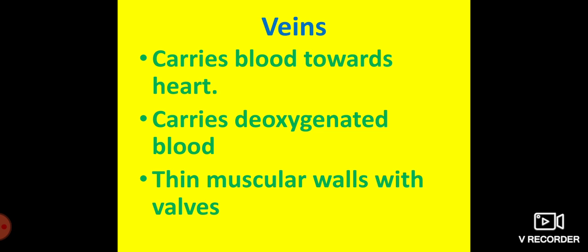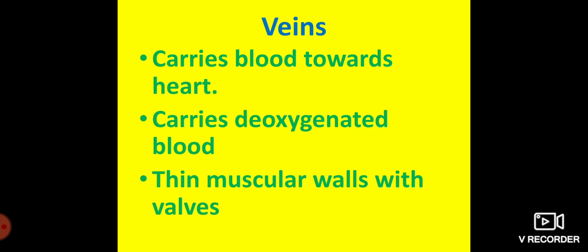For that, it is placed deeply inside the body. And veins are usually placed more superficially because they carry deoxygenated blood. So these are the differences between arteries and veins.